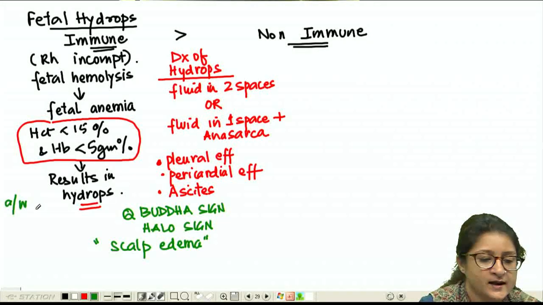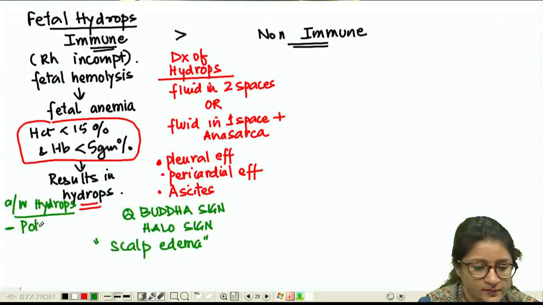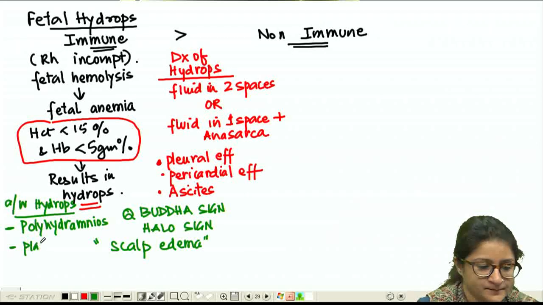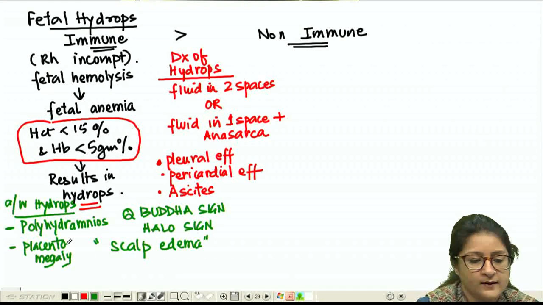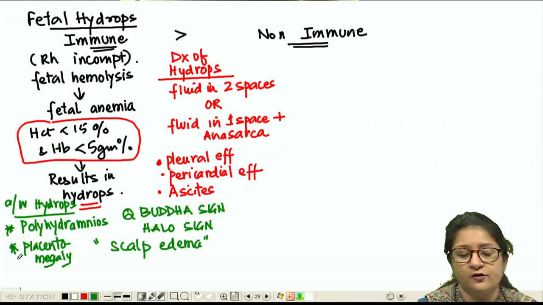They are polyhydramnios and placentomegaly. These are other features which are associated with hydrops.